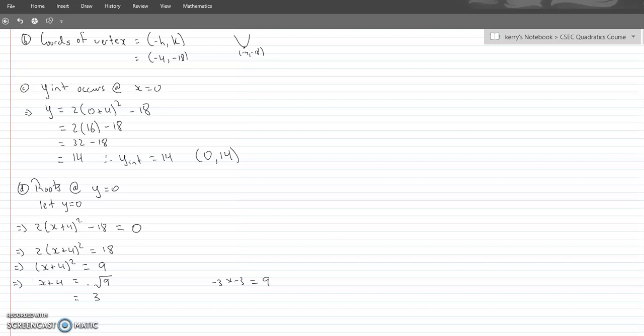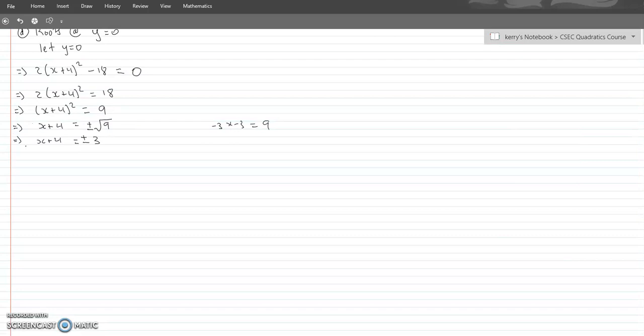So whenever you take the square root from now on in this section, you attach plus or minus, because you have two possible answers: 3 or negative 3. So now, when we transpose the 4, because we have to solve for x, x is equal to minus 4 plus or minus 3.